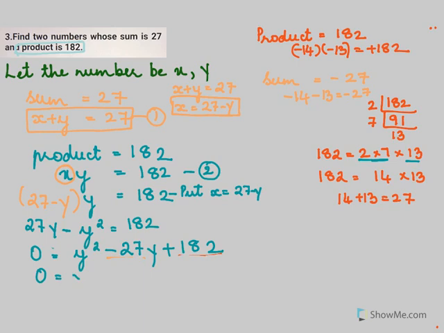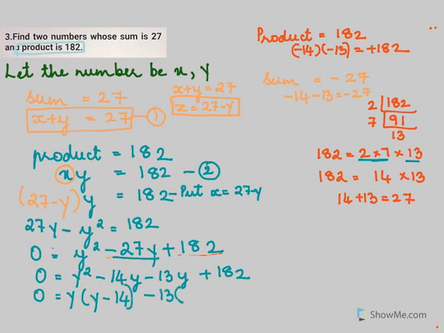So to go further, y square minus 27y, we are going to write it as minus 14y minus 13y plus 182. Here I can take y common out from these two, y minus 14, and from these two I take 13 common out. So this becomes y minus 14 again. So 0 equals y minus 13 into y minus 14.